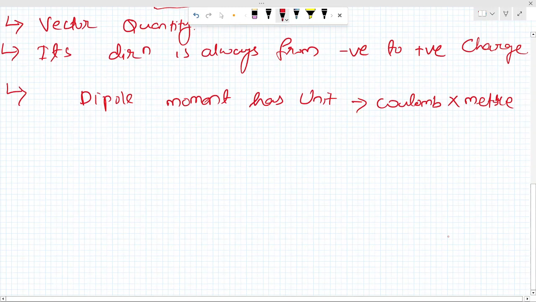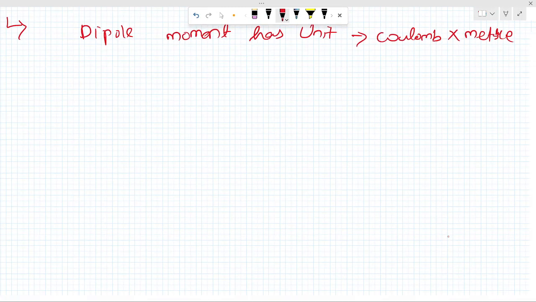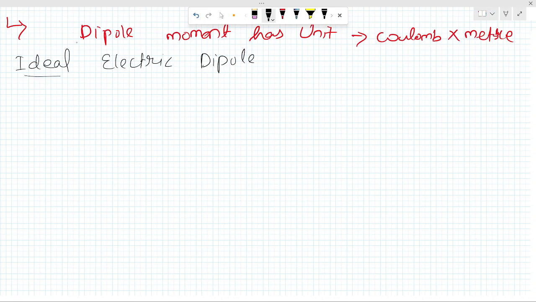Okay, so let's talk about ideal electric dipole. What do you mean by this?